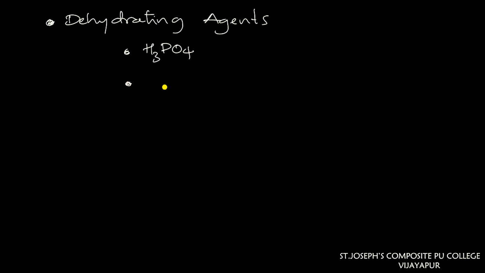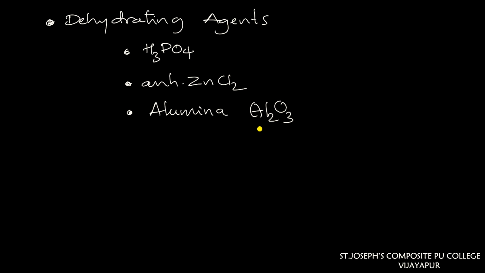The second one we can use is anhydrous zinc chloride, and we can also use alumina, which is well known as Al2O3. These are also dehydrating agents we can use in the dehydration of alcohols.